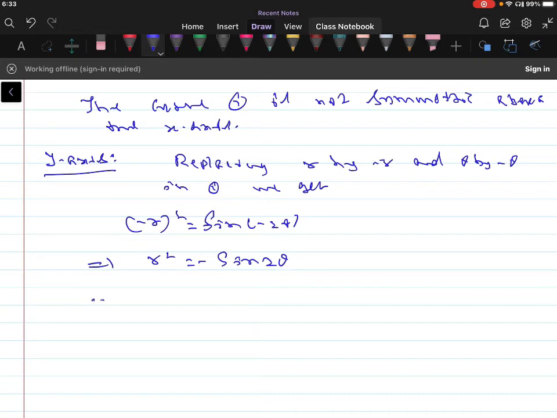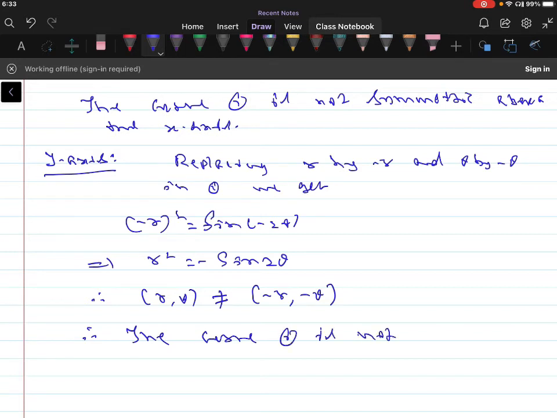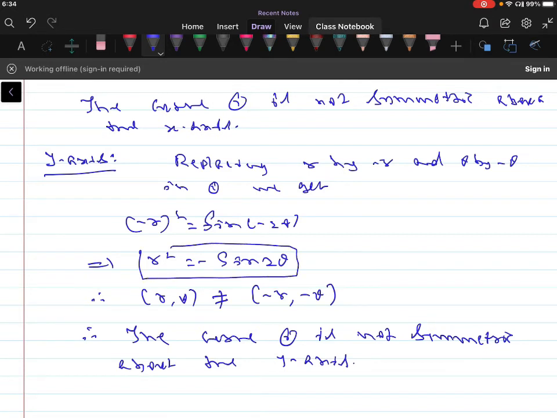So therefore r comma theta is not equal to minus r comma minus theta. So therefore the curve 1 is not symmetric about the y-axis. Since there is a change in the equation when you replace r by minus r and theta by minus theta, the curve is not symmetric about the y-axis.